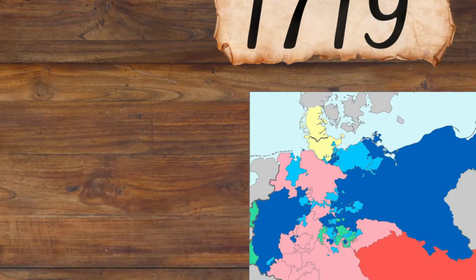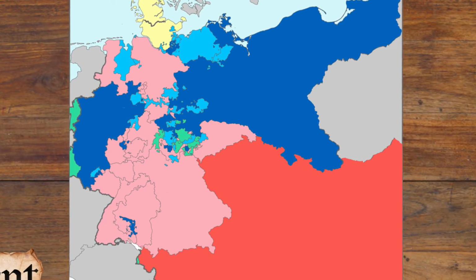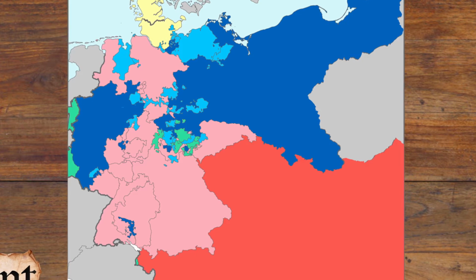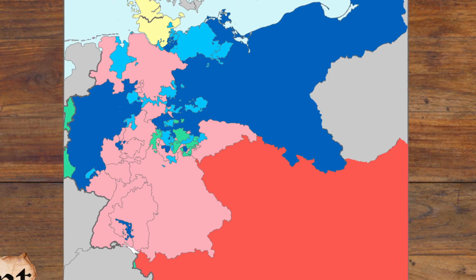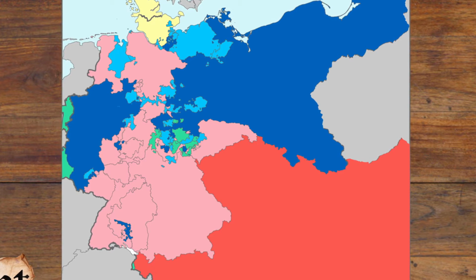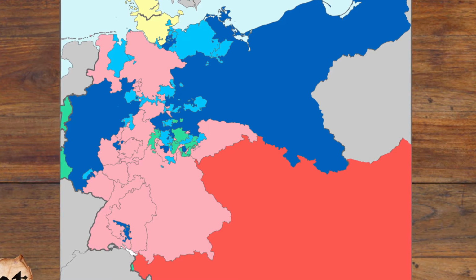Liechtenstein was by far not the only state to declare itself neutral, which you can see on this map marked in green. Also, the blue states are Prussia and their allies, and the red states are Austria and their allies.